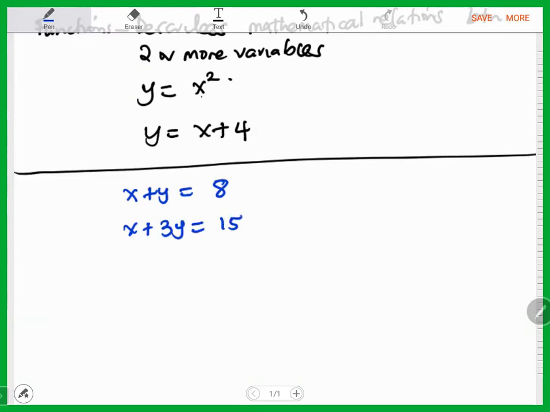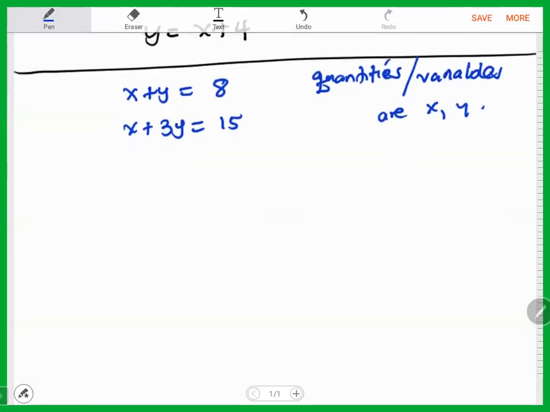But within this system, we have different quantities or variables, which are x and y. So we have got to determine the different quantities or variables within that system of equations.